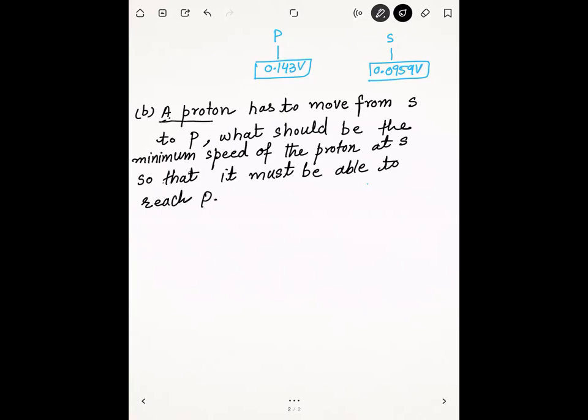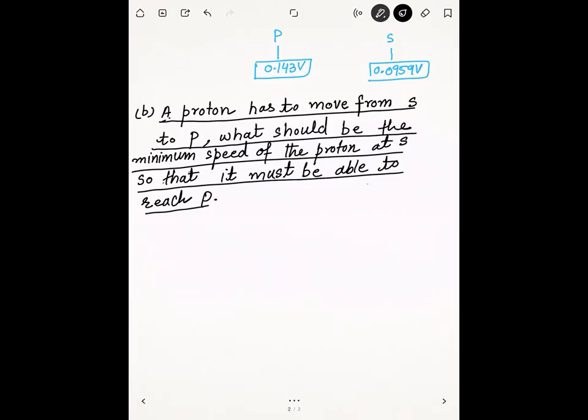Now this is a typical question about calculating the minimum speed of a particle so that it should be able to reach a certain point. So basically we need just enough speed of the proton at S so that it should be able to reach P.